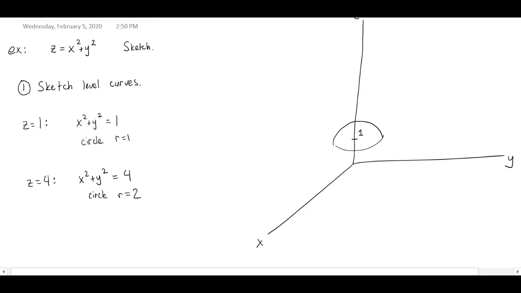So this is saying if I go up to a height z equals 4, so maybe about here in the picture, that there should be a circle of radius 2 this time at this height. And you can kind of see as z gets larger and larger, what's going to happen is we're going to keep getting circles of larger and larger radii, okay?